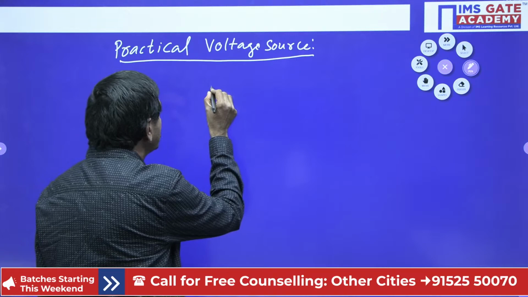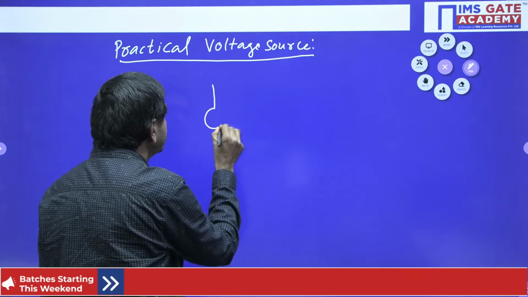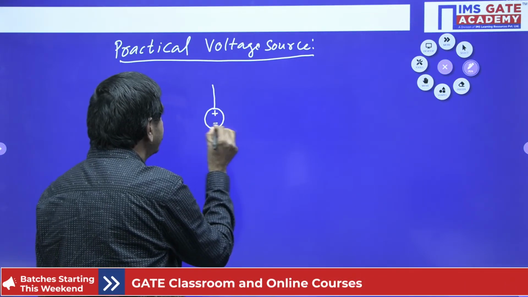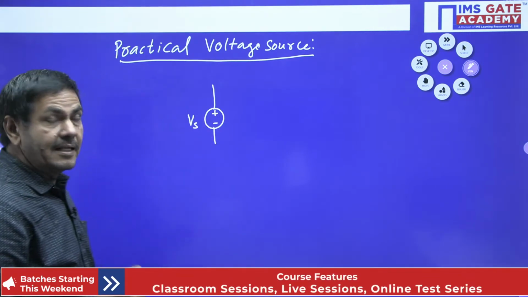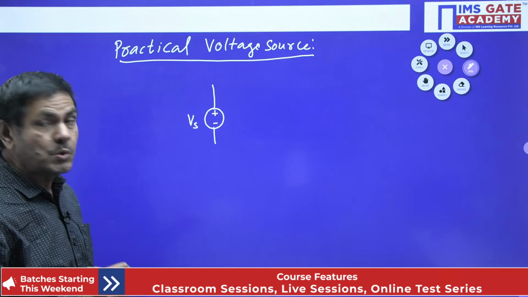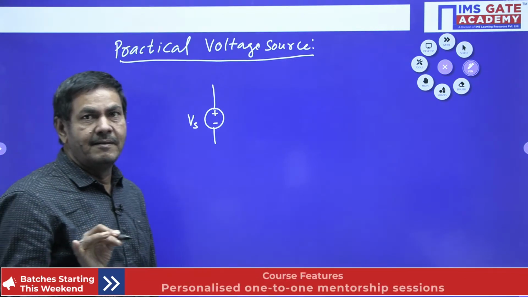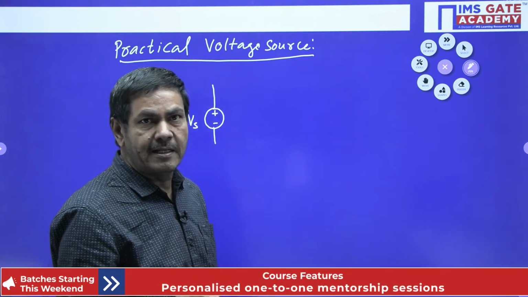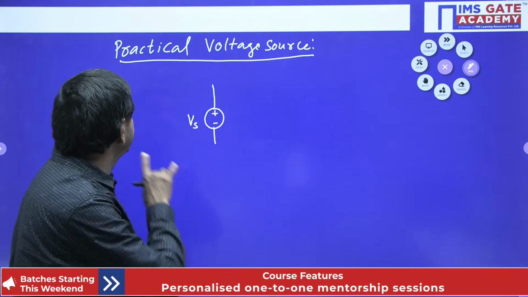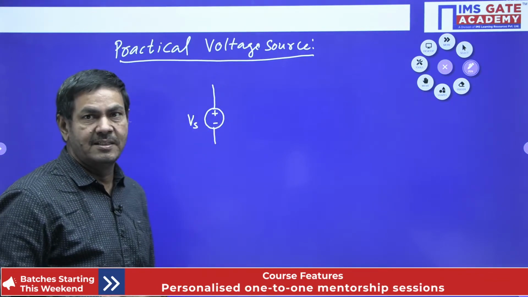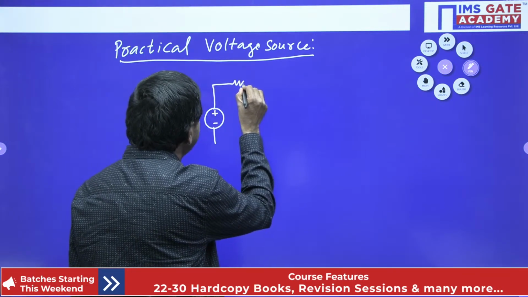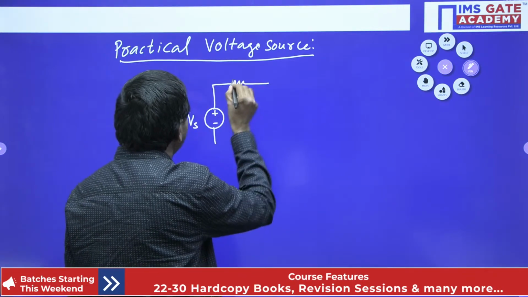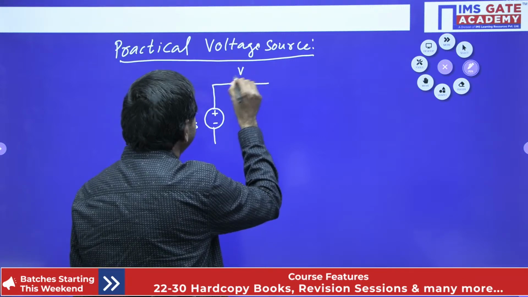Suppose there is a source. That source I have taken as it is, plus minus, this is Vs. The internal resistance of the source is to be considered. When the internal resistance of the source is considered, then we can call it a practical voltage source. So we can draw a resistance in series with this source.